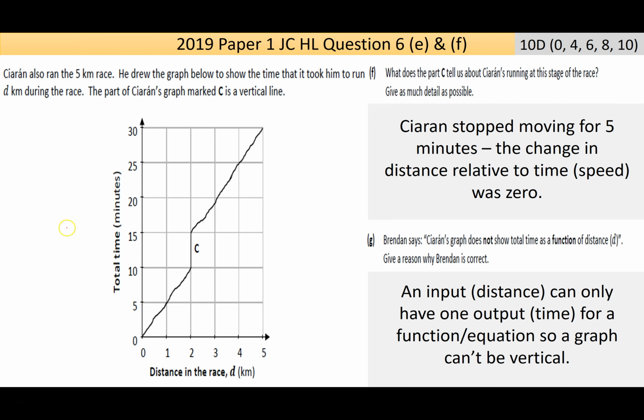So if this is the y-axis and this is the x-axis, if it is a function, there's going to be one output for one input. So 2 there is going in, but there's multiple outputs all the way along there. Now, in fairness, that's fairly challenging. If you know your stuff and you really understand your graph, you have a fairly good chance of getting something decent. But it's fairly hard.